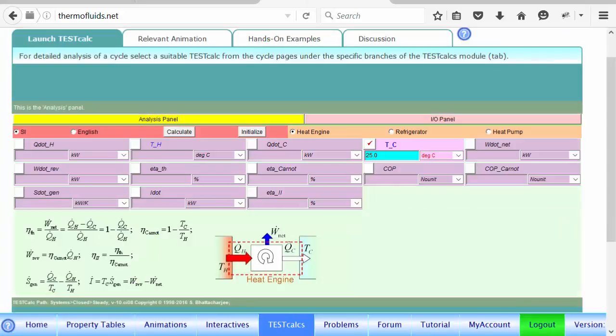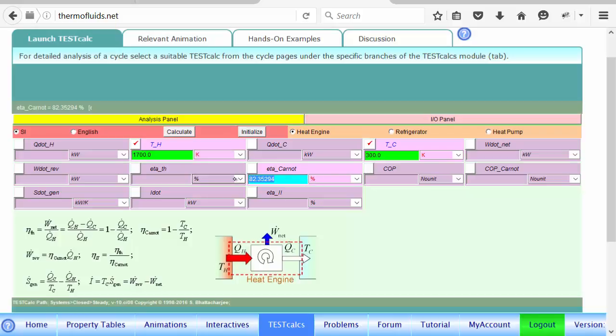We go there and we say high temperature TH is 1700 Kelvin, and the low temperature TC is 300 Kelvin. If you do a calculate, it finds the Carnot thermal efficiency to be 82.35%.